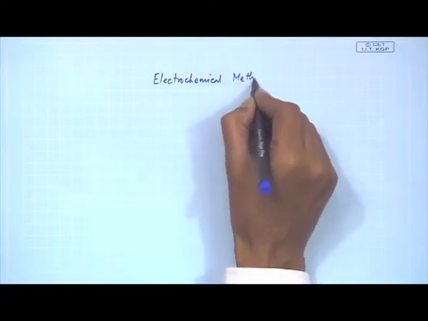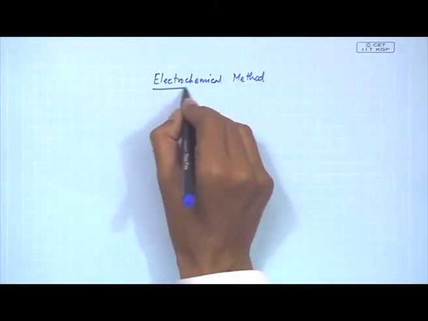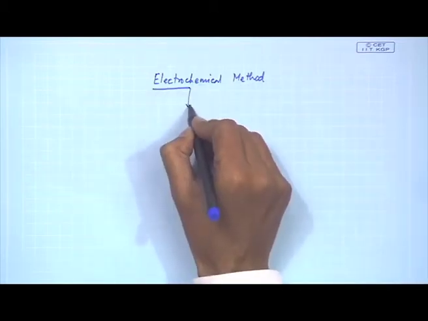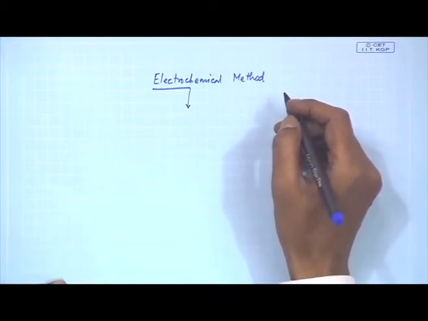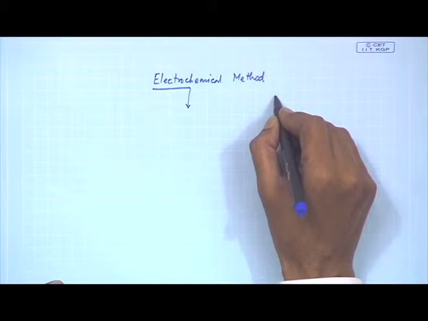We were talking about the electrochemical methods of analysis, and as I told you, we will be talking about the electrochemical effect or electrochemical signals that we can find to determine some unknown analyte.